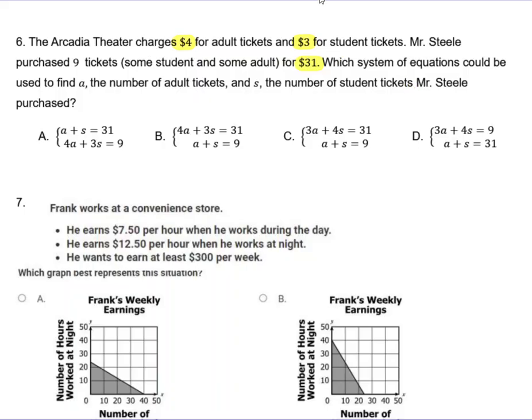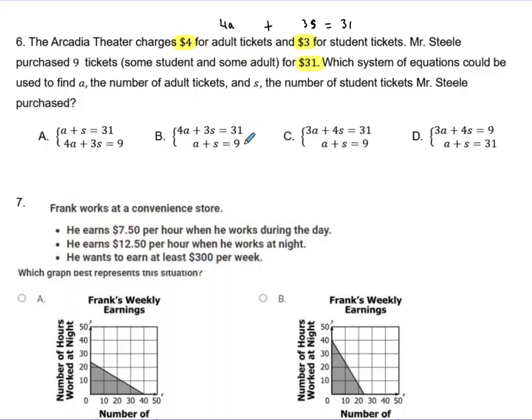Well, there are 2 things here. There's $4 for an adult ticket, so 4A, and then $3 for student tickets, so 3S. When we add them together, he paid $31. So that's our first equation.